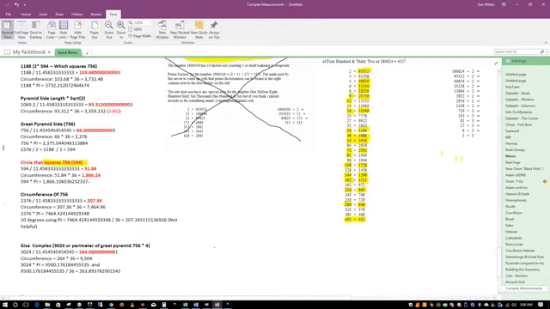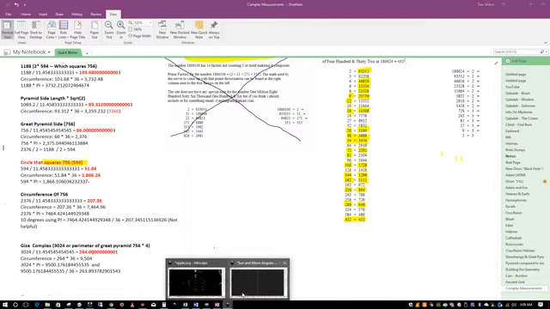This number right here, 23328. If I take 2160 and multiply that times 108, I get 233280.